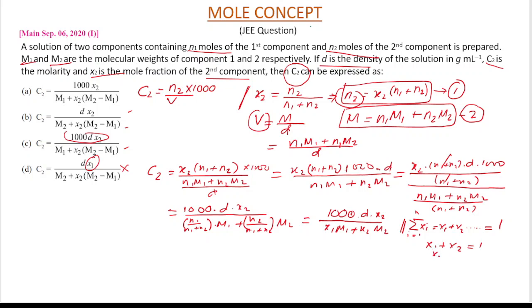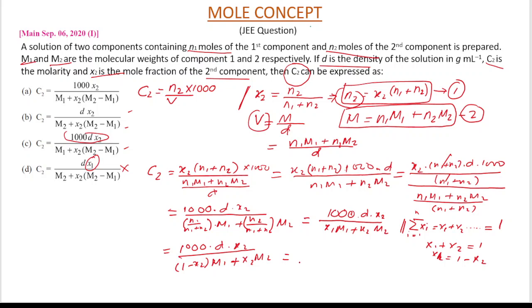So x1 equals 1 minus x2, because there is no x1 in the denominator. So I can write here 1000 into d into x2 divided by ((1 minus x2) into m1 plus x2 m2).